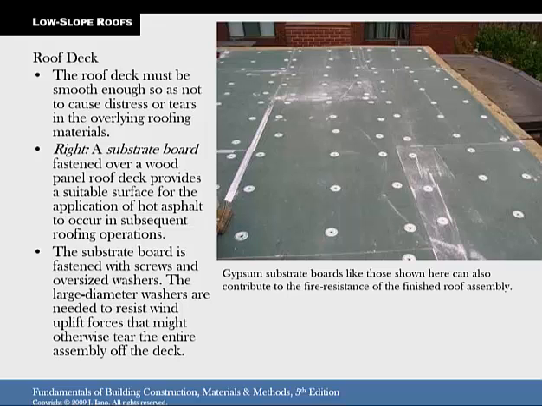The substrate board is fastened with screws and oversized washers, because if you just have a skinny little screw going down through there, you're more likely to have leaks. If you have the oversized washer, it protects not only against leaks, but it also spreads the pressure from the screw out over the board.